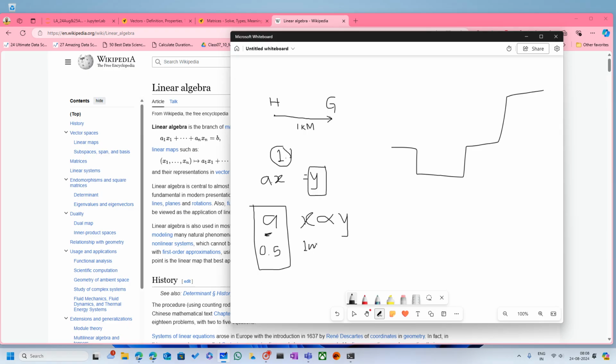Now this 1 meter is directly proportional to the total length that you will cover in the end, because with those two steps you will keep on inching closer to your destination. So the point I'm trying to make is these are directly proportional.